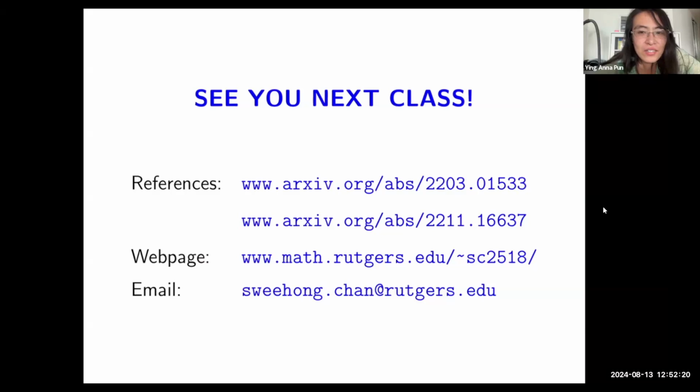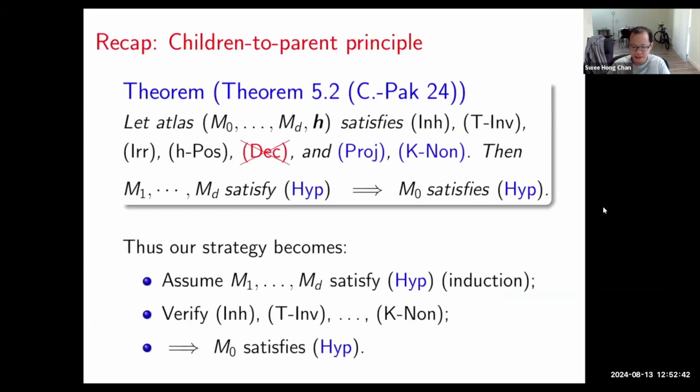I have one question. I think quite early in the slides you have a condition that you cross out and then you replace it by two other conditions. Does the one that you crossed out imply that you satisfy the two conditions? That's a good question. Yes, let me go here. This is the children's parent principle. Yes, the atlas for the poset does satisfy these two new conditions. The one I crossed out unfortunately does not.